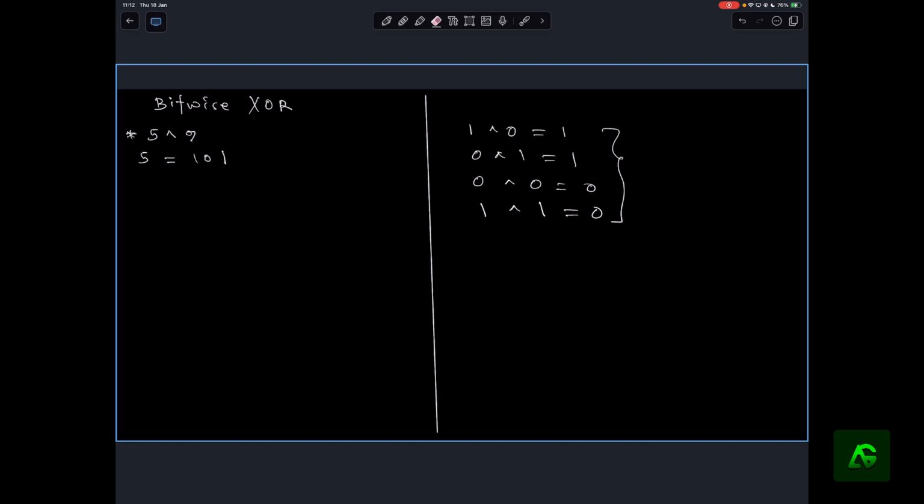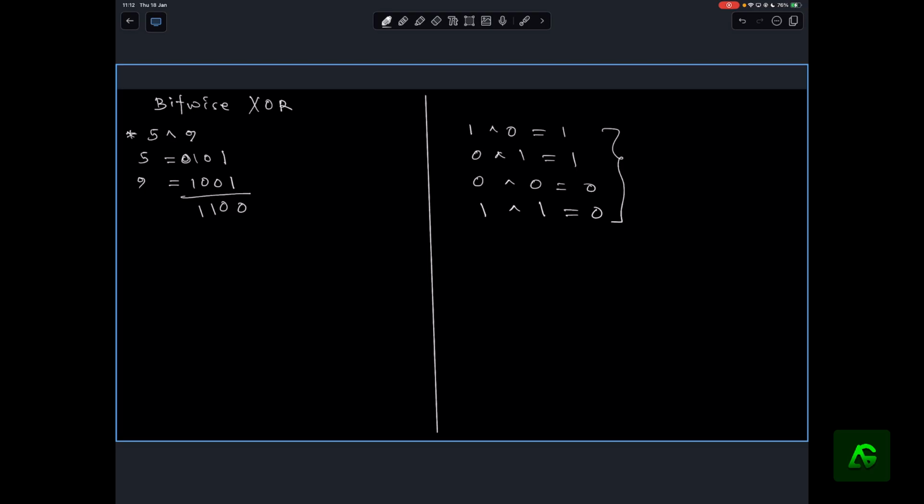And 9 is 1001. 9 has a higher number of digits than 5, so we need to complement the 5 with a 0. Now 1 XOR 1 is 0, 0 XOR 0 is 0, 1 XOR 0 is 1, and 0 XOR 1 is 1.